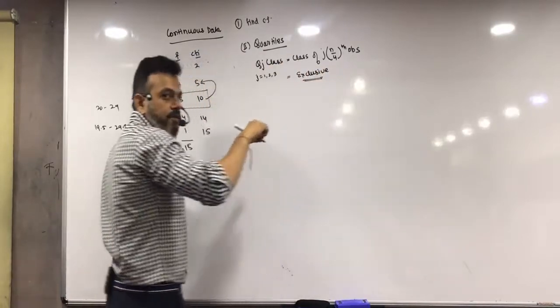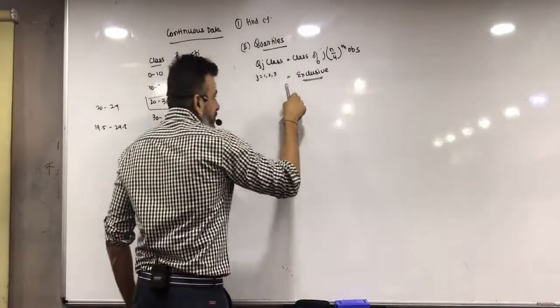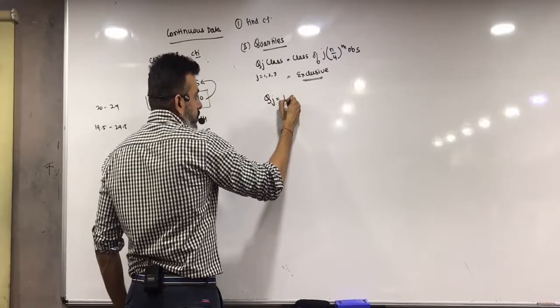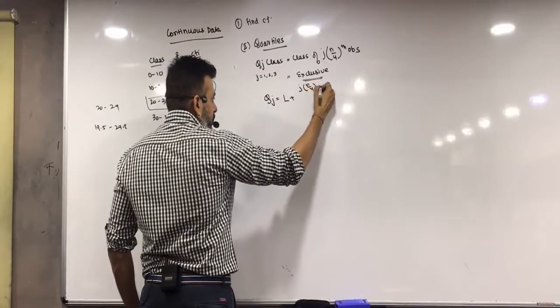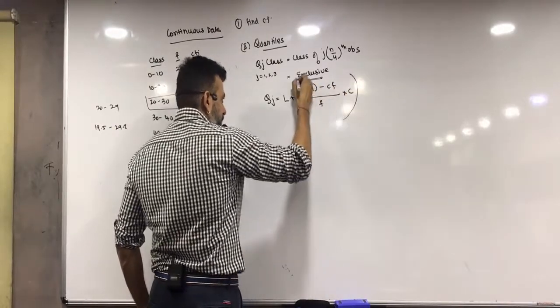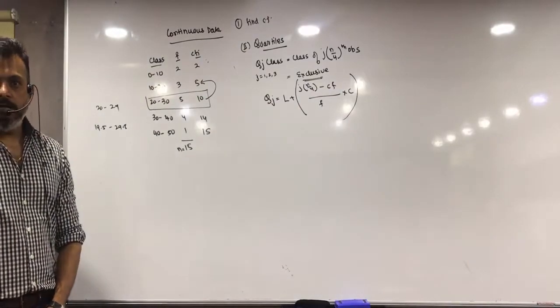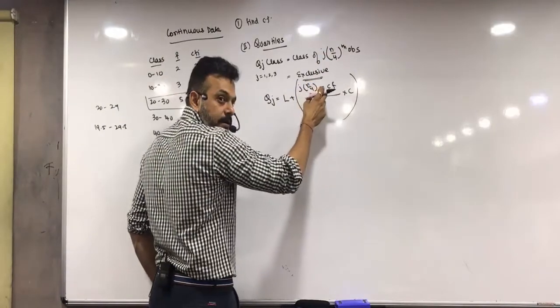If not exclusive, we convert it into exclusive. Then Qj is equal to L plus (j n by 4 minus CF) upon f into c. Similar. Where will this come from? It will come from what we found here.